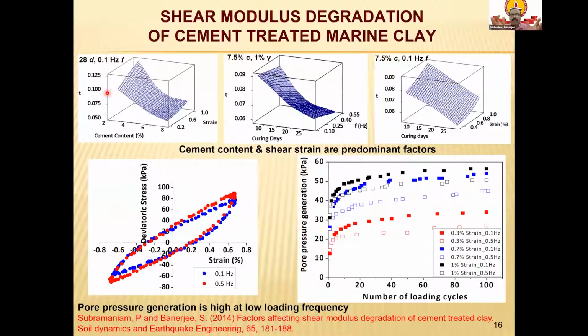We plotted these together, and one of the key things we understood here is that pore pressure generation is very high at low loading frequency, which is counterintuitive, if you ask me, because we thought that if you have a very fast rate of loading, pore pressure development should be higher, but it's contrary. If you have low frequency loading, the load is sustained over the soil for a longer time, so the development of pore pressure is more significant.